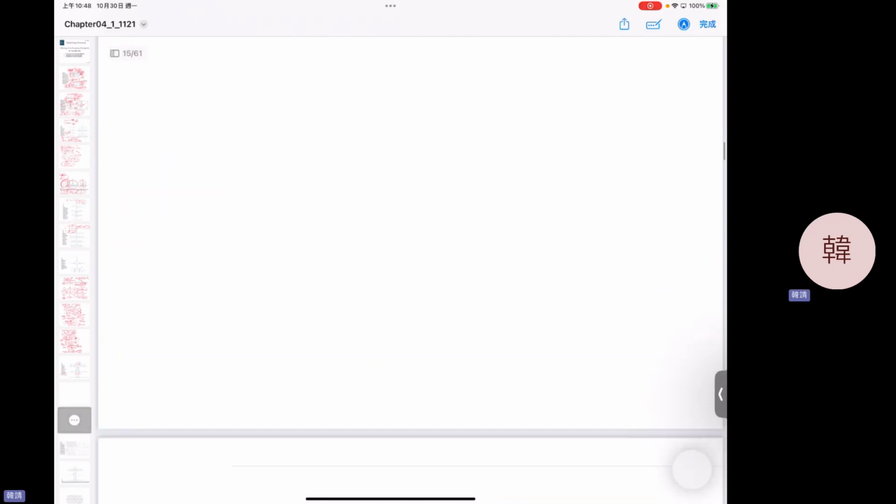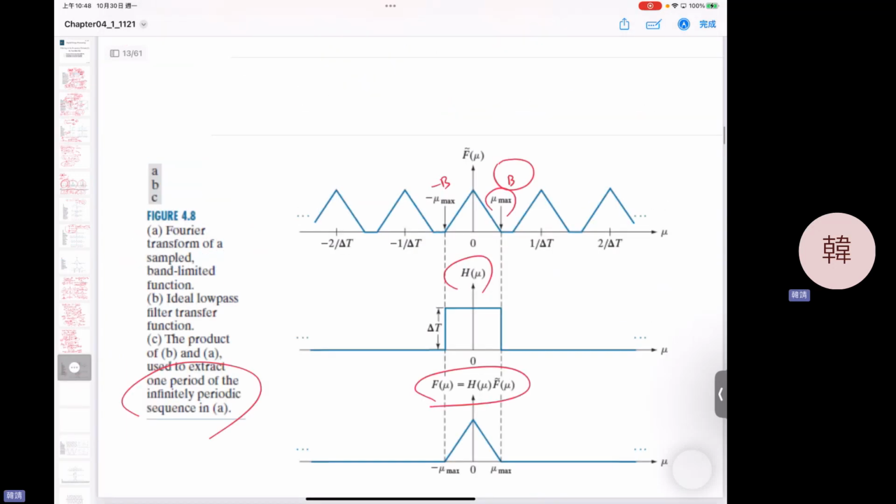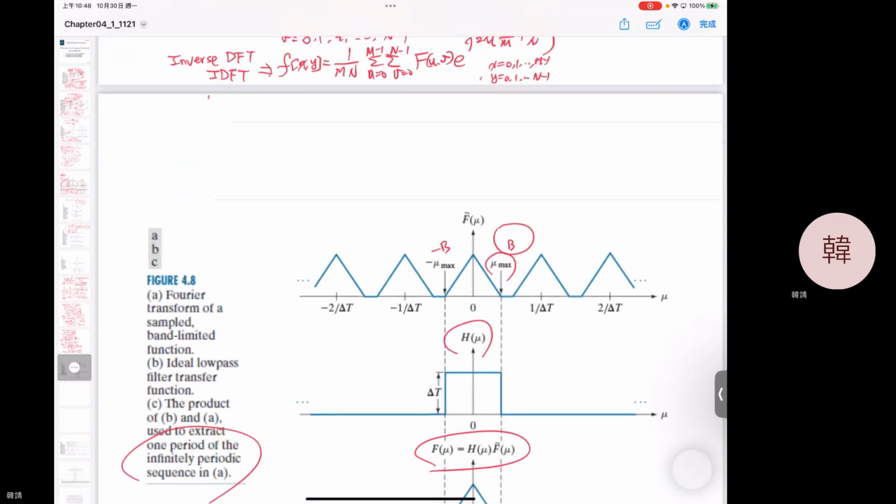So go back and look at this one. We said the spectrum is going to repeat within 2 pi, some specific frequency spectrum here. That's the way you have to think about it. The next is 1 divided by delta t, the omega 0, where you repeat.